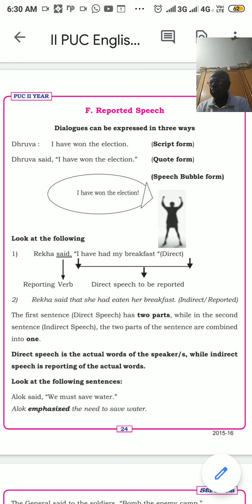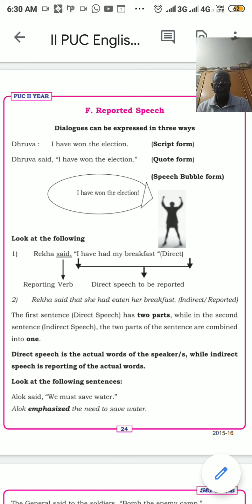For example, first one is simple present. You must know the tenses. I hope you know all the tenses. There are 3 tenses: present tense, past tense and future tense. And each tense has 4 different forms. So there are 12 tenses. Simple present, present continuous, present perfect continuous.